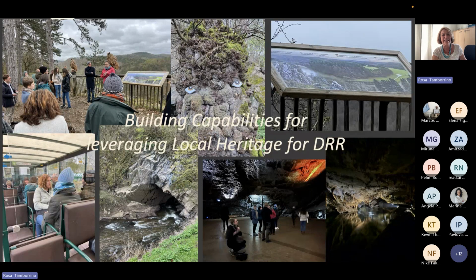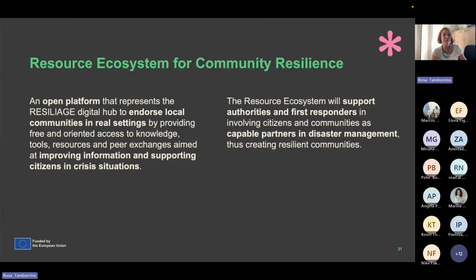As you can see by these images, we also include an important aspect to this. It is also important to consider that we are working together with the local communities to co-create, co-design a resource ecosystem for community resilience.